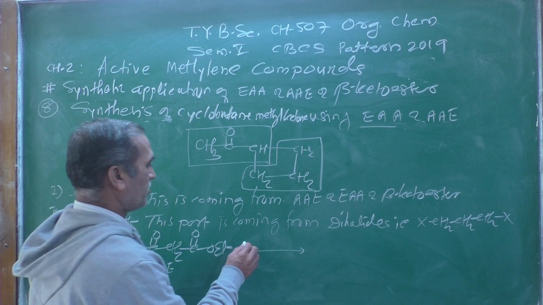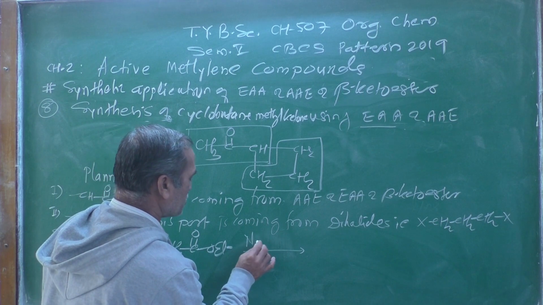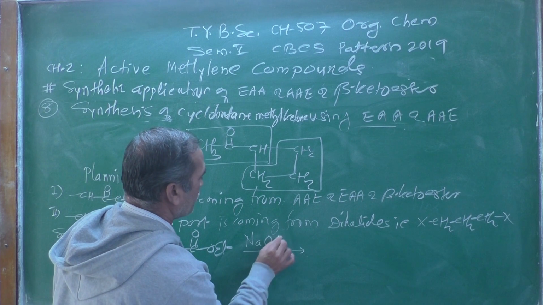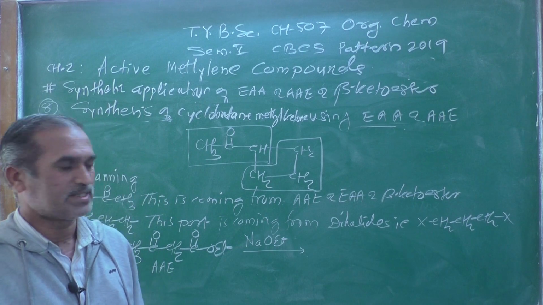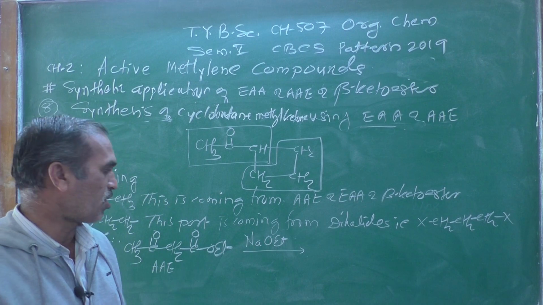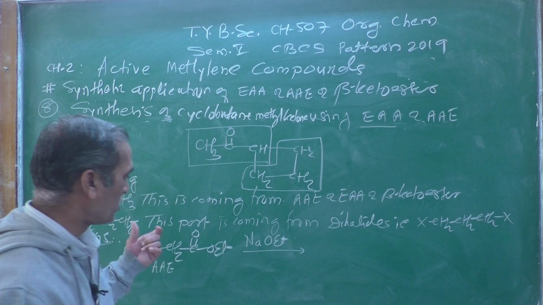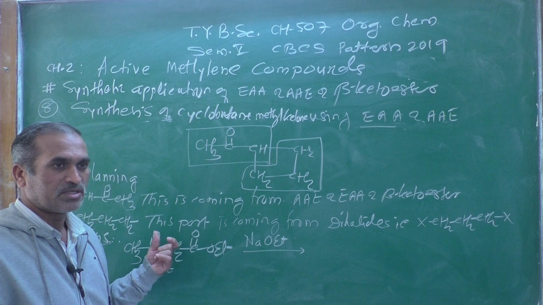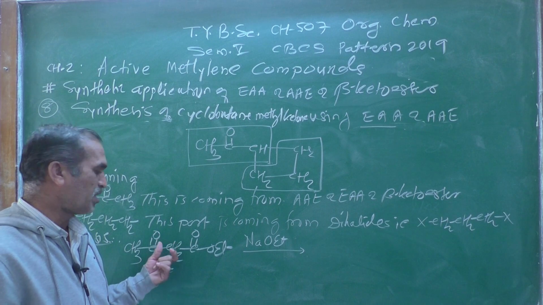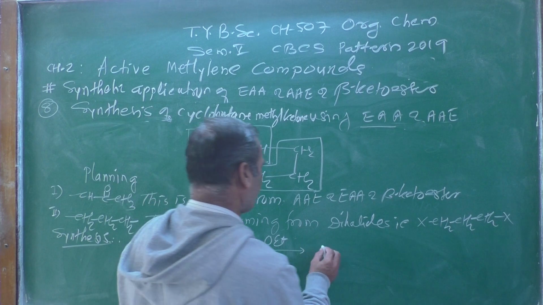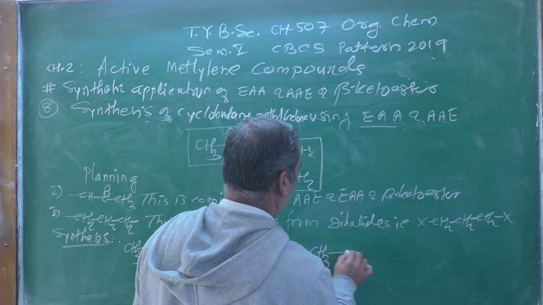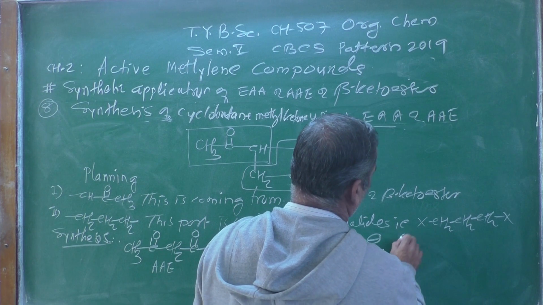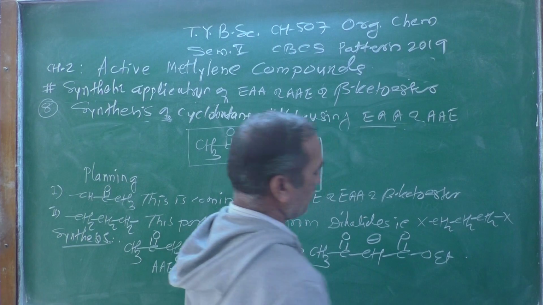For this ethyl acetoacetate, the first step is a base catalyzed reaction, and usually we use the reagent NaOEt. The chemical name of this reagent is sodium ethoxide, which will abstract the highly acidic proton of the methylene group, and therefore you will get CH3, C double bond O, CH minus charge, then C double bond O, OEt.